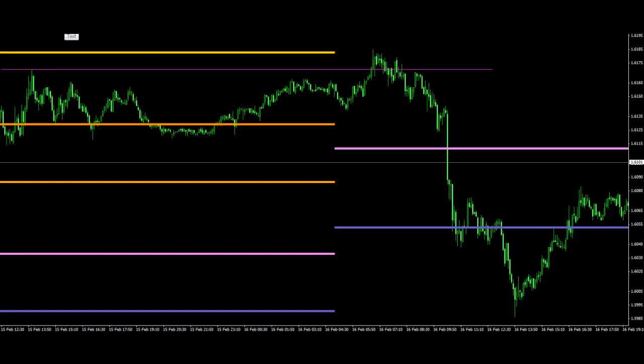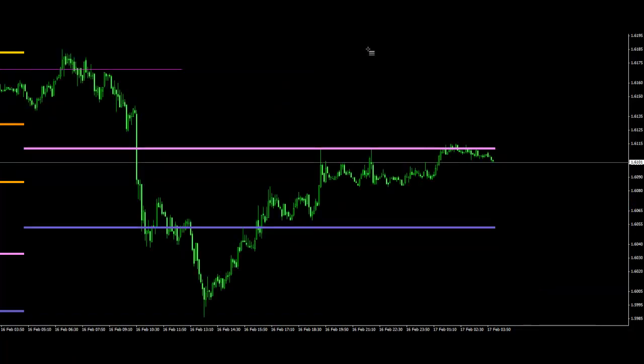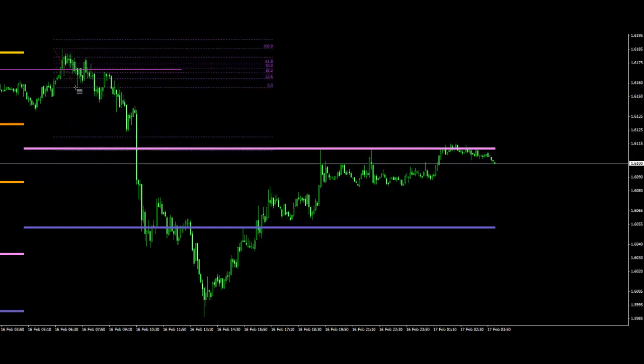We are going into the London trade, the opening, so we want to be looking for a high or low to be forming in the market. Since we are trading above previous day's high, we're looking for an opportunity for it to present a likely top.